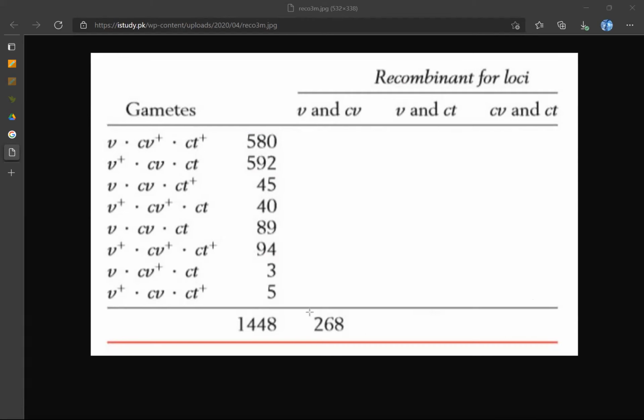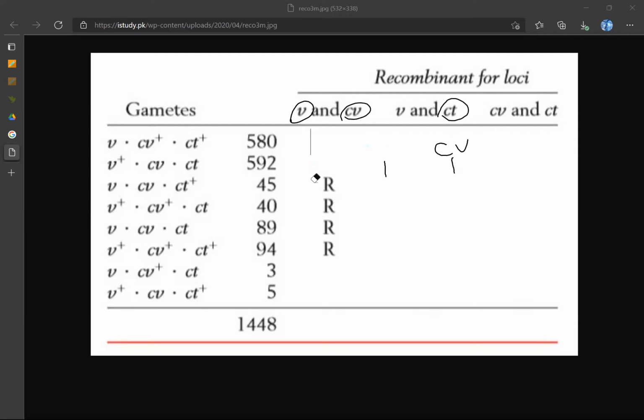Sorry, technical difficulty. So anyway, as we were saying, CT is in the middle. So we have the V gene, the CV gene, and the CT gene, and we know that CT is in the middle. So this is our map so far, and I'm going to rewrite it.